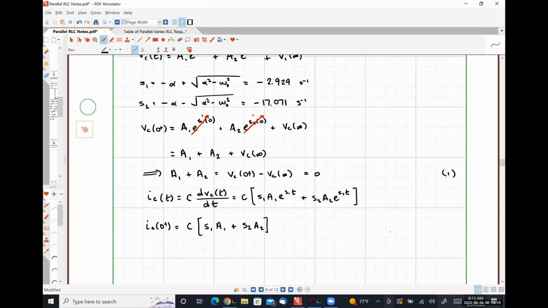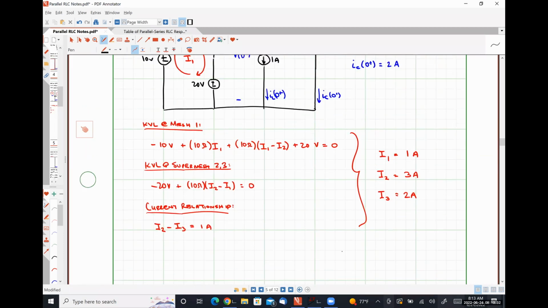And so, let's see, our C value for this particular circuit was 10 millifarads. We found S1 to be negative 2.929. I see at 0 plus, let's scroll up here and look at what that was.